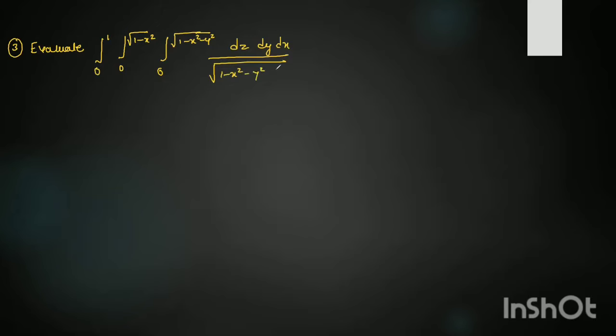Evaluate the integral from 0 to 1, 0 to square root of 1 minus x square, 0 to square root of 1 minus x square minus y square, dz dy dx whole divided by square root of 1 minus x square minus y square minus z square. Okay, think about this problem, how to solve.